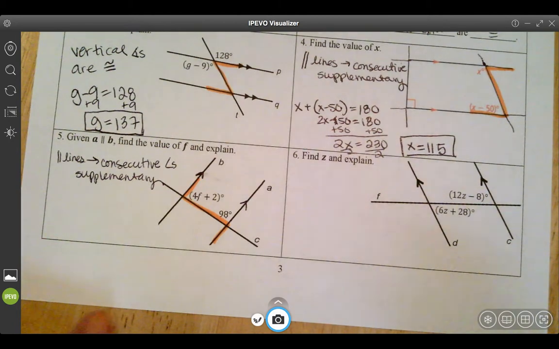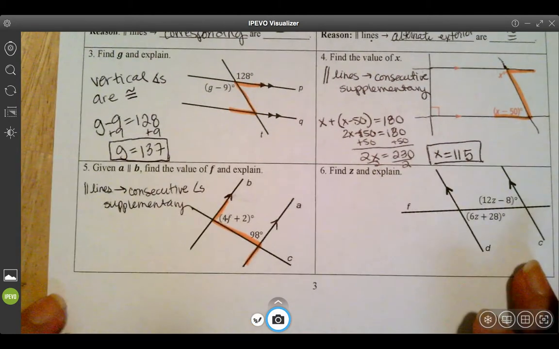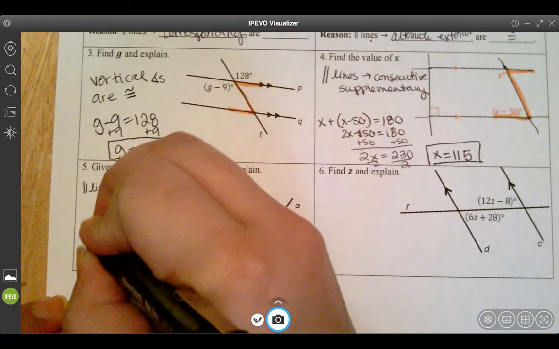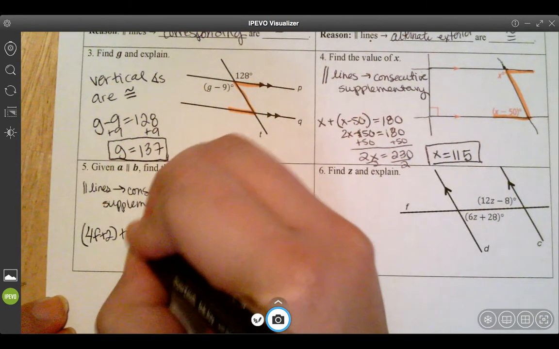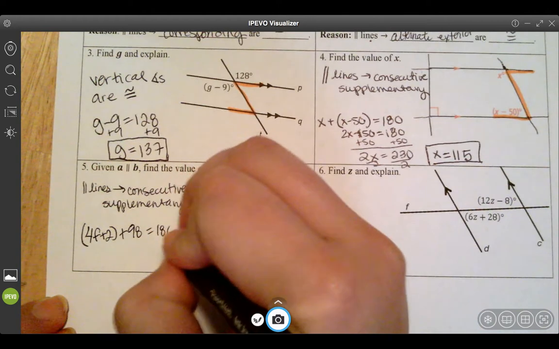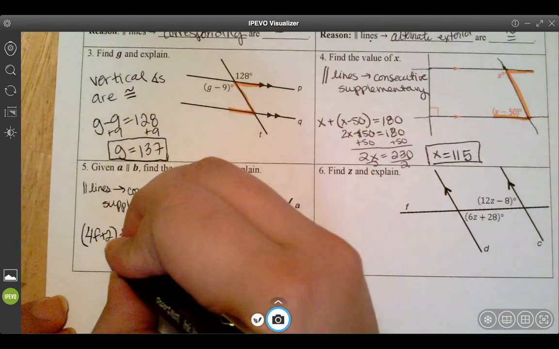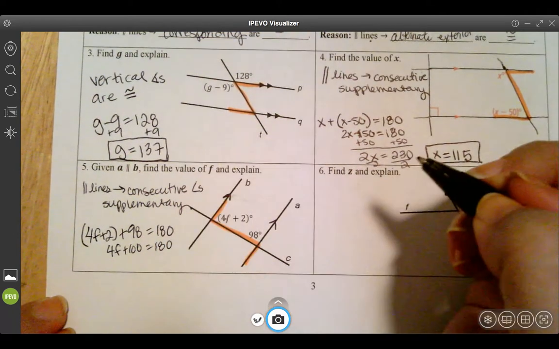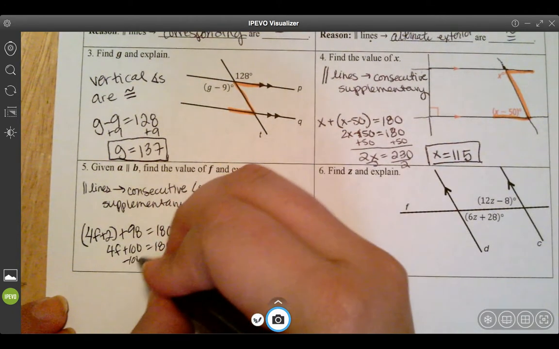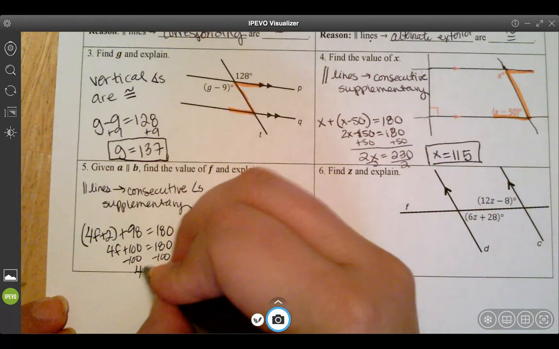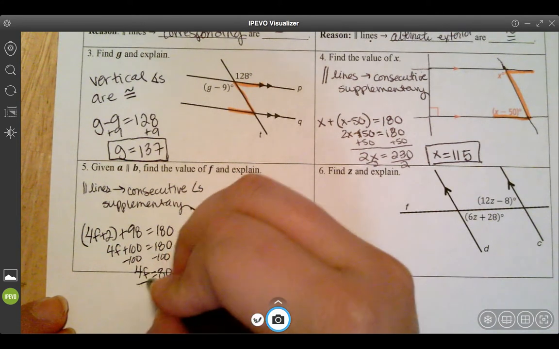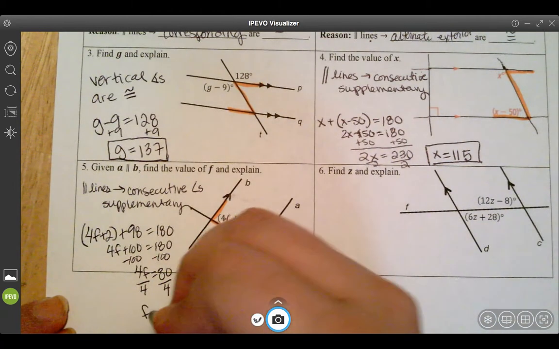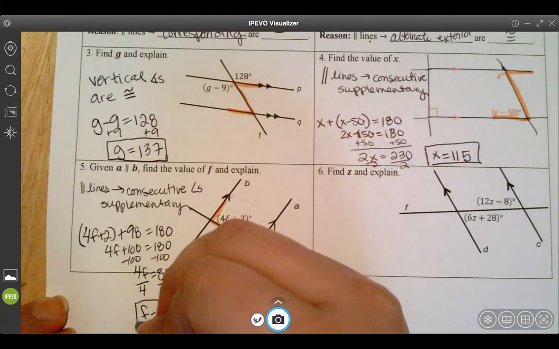And so we have 4f plus 2 plus 98 equals 180. 4f plus 100 equals 180, minus 100. 4f equals 80. Divide both sides by 4. F equals 20.